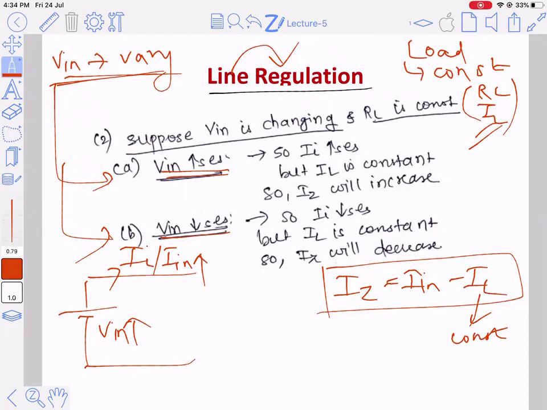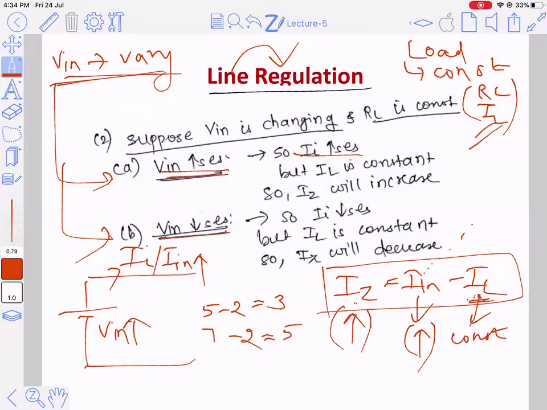For example, 5 minus 2 is nothing but 3. Next case, this is still 2 only, but In is increasing, so IZ will increase.